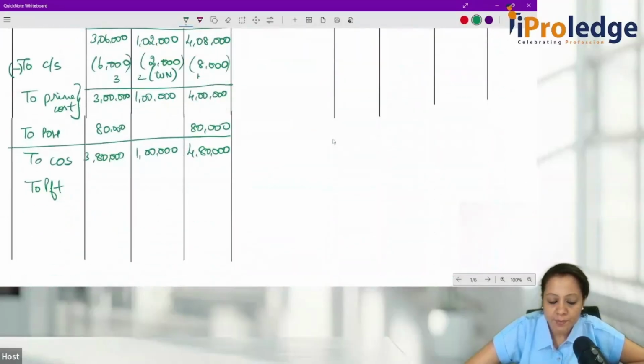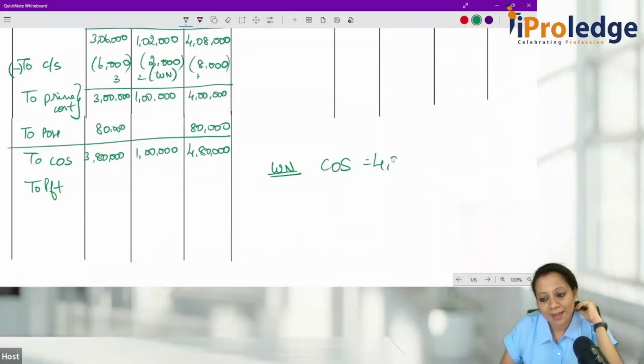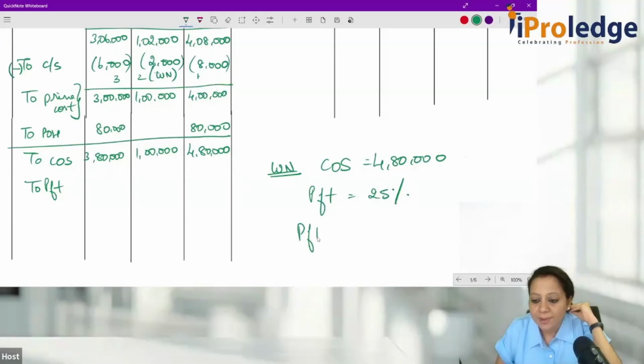So working note is going to be, how are we supposed to do? Cost of sales is going to be how much, students? 4,80,000. In that, profit is given to be how much? 25 percentage. That means the profit is going to be 4.8 lakhs into 25 percentage.